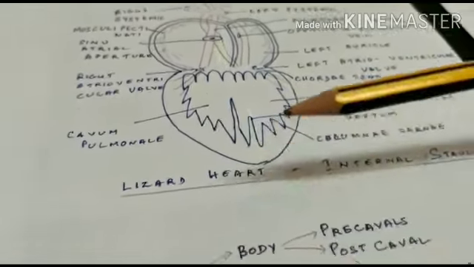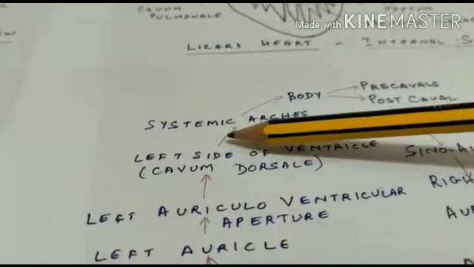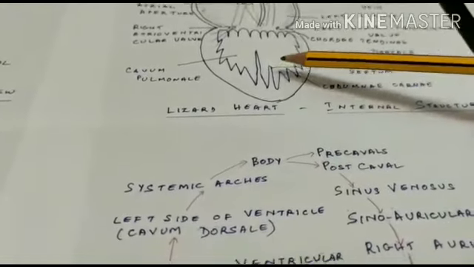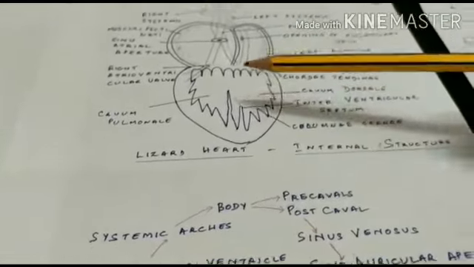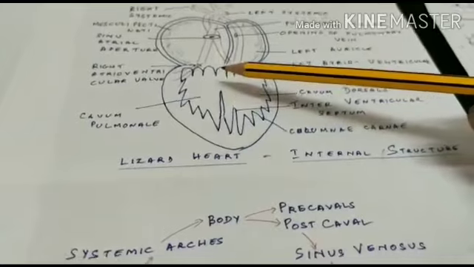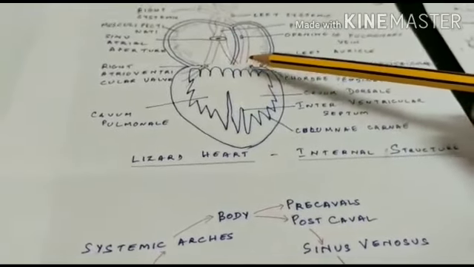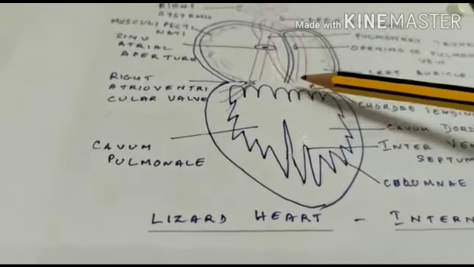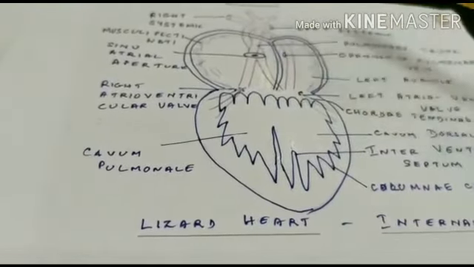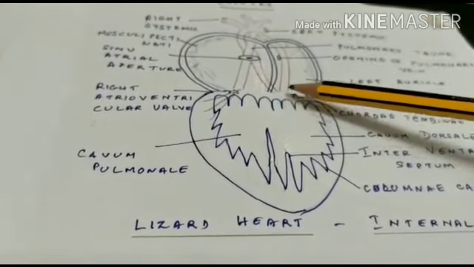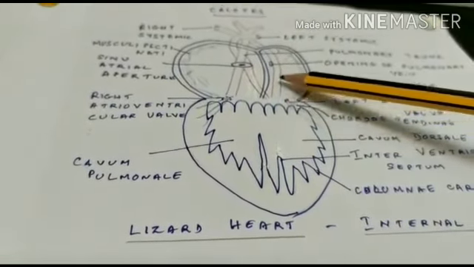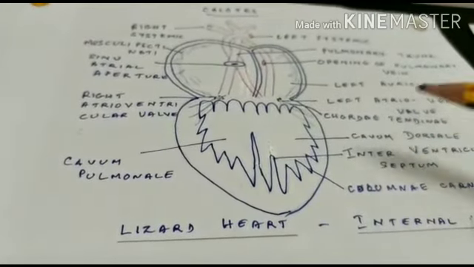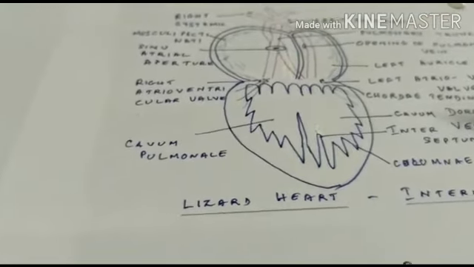Then the blood goes from the cavum dorsale into the systemic arches, the right systemic and the left systemic. Through these, the blood is circulated around the body parts.